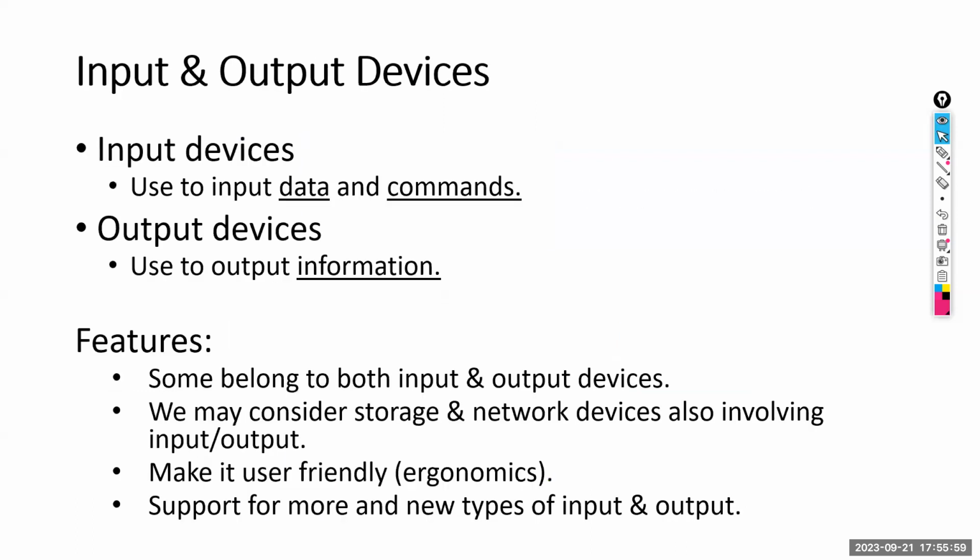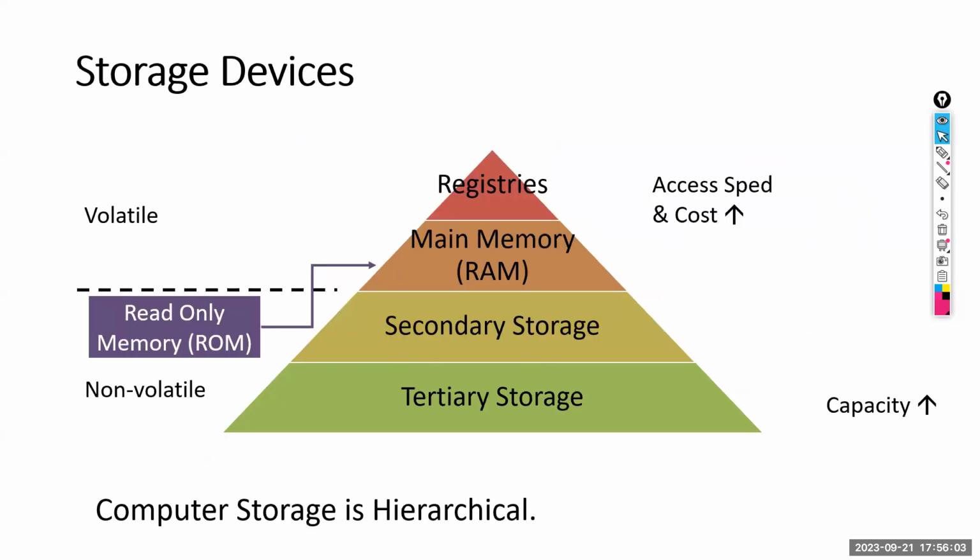So we went through what input and output devices are and what storage devices are. As you go up, the storage capacity goes down because we don't need big storage, but the access speed gets higher and higher because the processor needs fast access. Out of these, the registries and main memory are volatile.